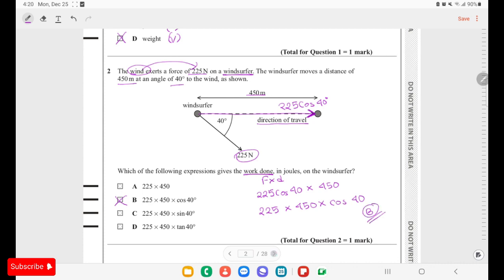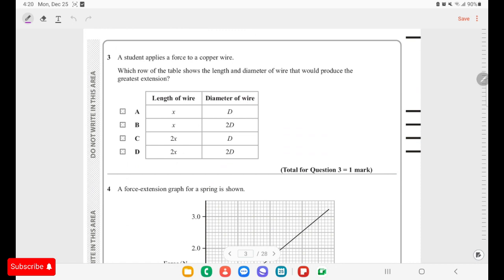Okay. Moving on to question 3. A student applies a force onto a copper wire. Which row of the table shows the length and diameter of wire that would produce the greatest extension? Okay, since they're not only directing with length, they're also directing with the extension, you have to use this equation.